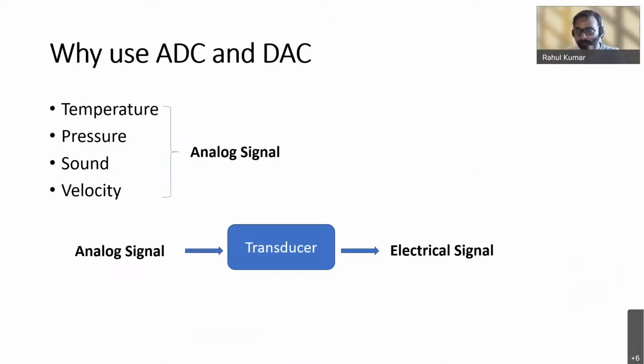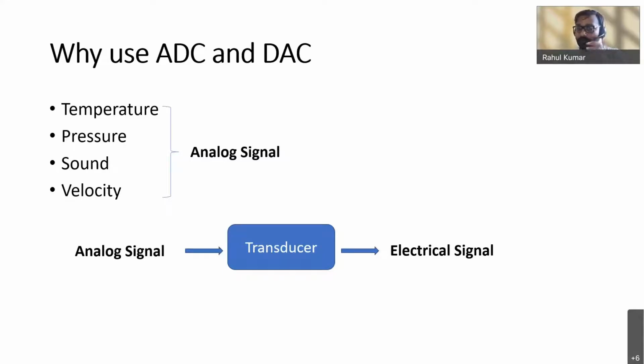Along with the communication system, you will have many sensors, like air data sensors in avionics, which collect the temperature and pressure of the surrounding air, maybe some vibration in the body, or the velocity of the aircraft.